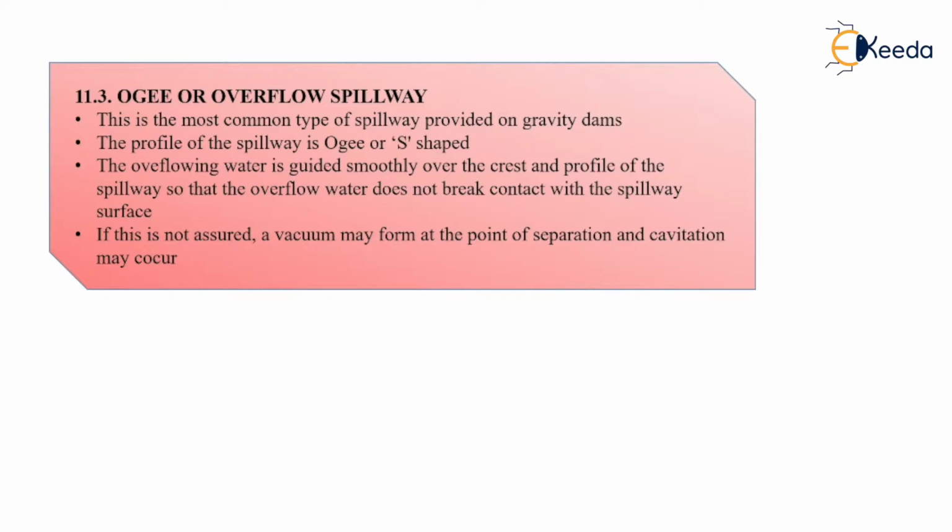So the suction and the cavitation created between the jet and the surface of the spillway, in that region negative pressure will be formed. Because of this, cavitation will be formed and your bed gets completely eroded and disturbed. To avoid this, the Ogee is the best type of spillway.